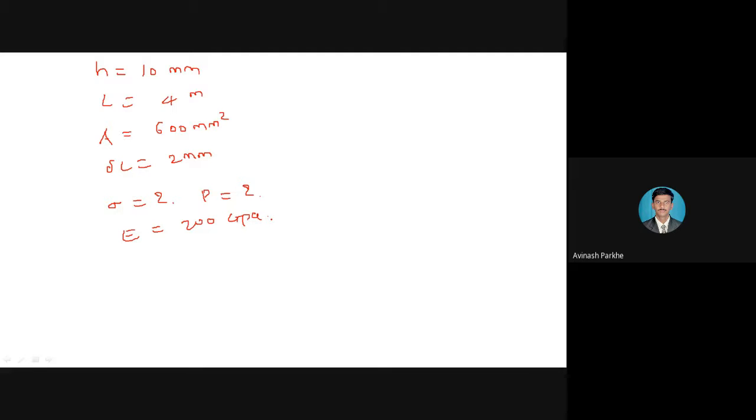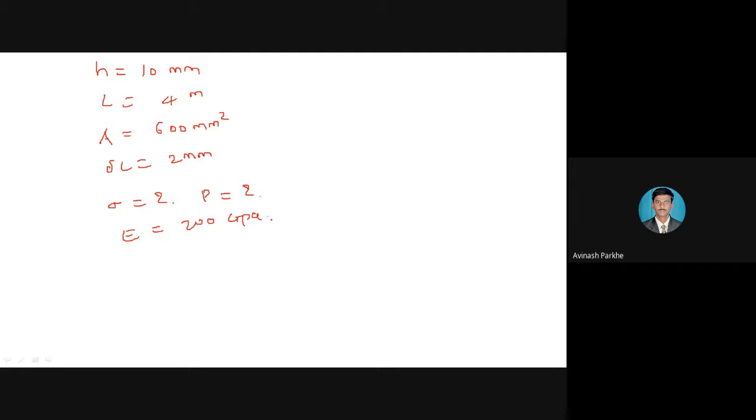An unknown weight is falling from a certain height. Height is given, 10 mm. It is falling on the collar which is attached at the lower end. The length of that particular rod is given, 4 meter. Cross-sectional area of the rod is directly given, 600 mm square, and due to the unknown weight falling on that collar, some elongation is taking place.